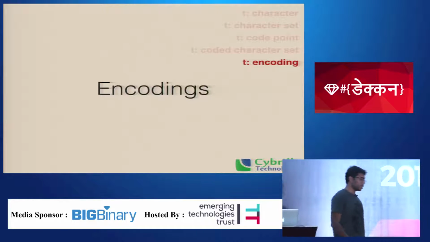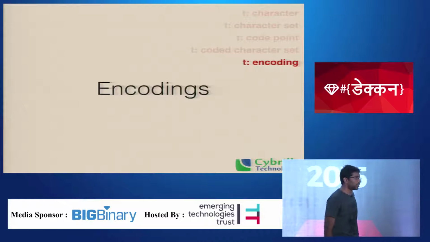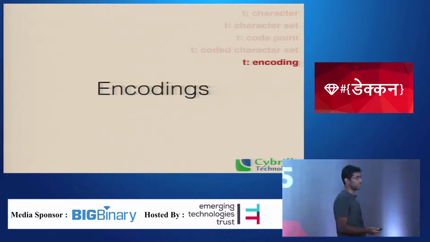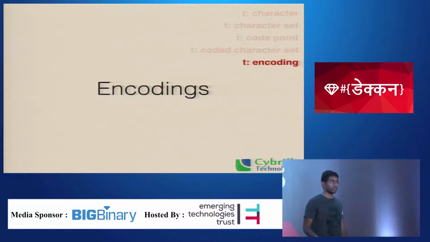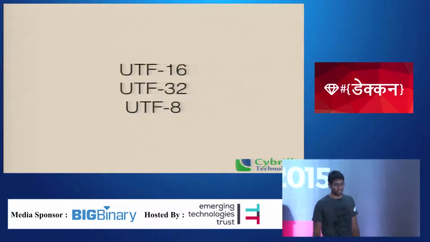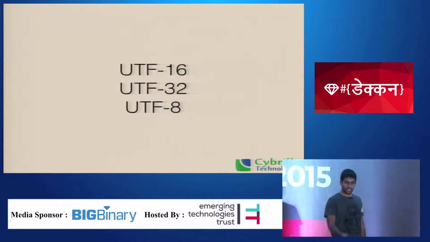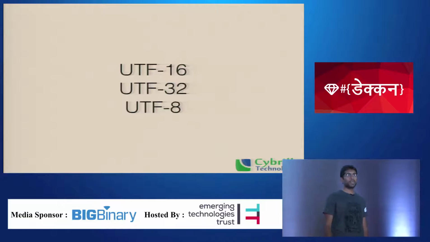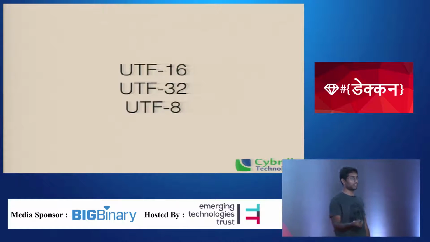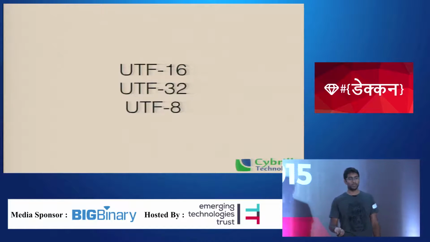Today there are lots and lots of encodings available, with a lot of pros and cons to each of them. I'm not going to dive deep into each, but we'll look at three encodings defined by the Unicode consortium and most widely used by the majority of people in the world.